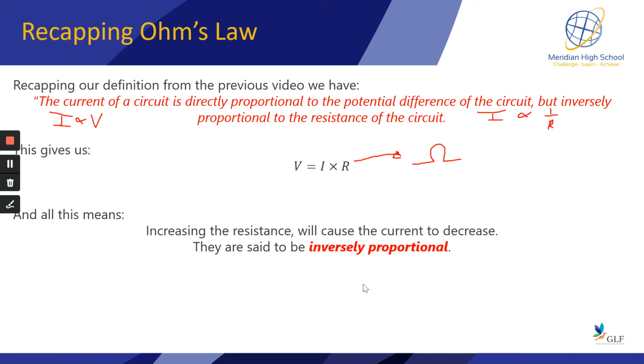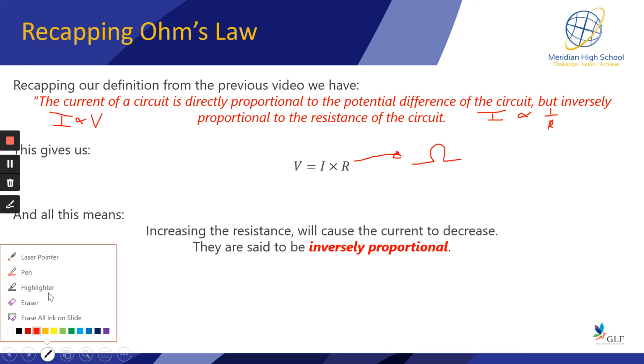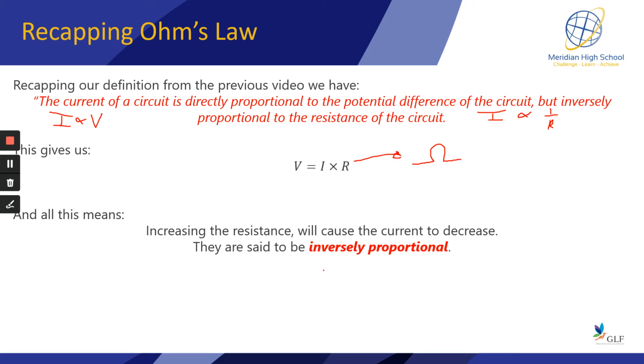Now, what this leads us to is a drawing of an IV characteristic. All this shows us, and this is Ohm's law, is that as the current increases, this is our I, this is our current, the potential difference will also increase.